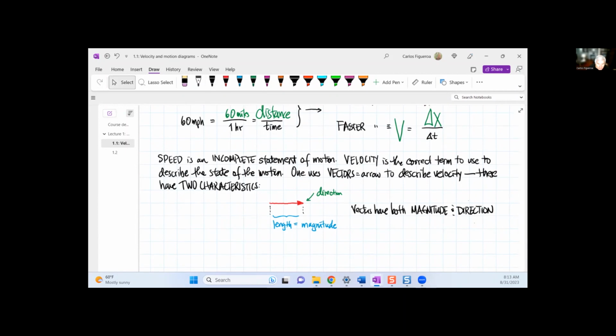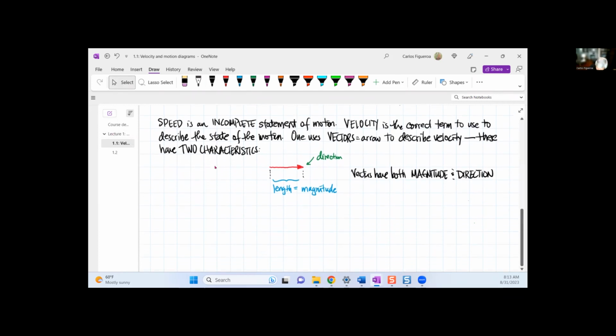So now what we want to do here is that we now define velocity then. Okay, so our definition of velocity goes like this. The way we typically define velocity, because it is a vector, we start with the symbol v because it's v for velocity, and then we put an arrow on top of it. And that arrow signifies that it's a vector.